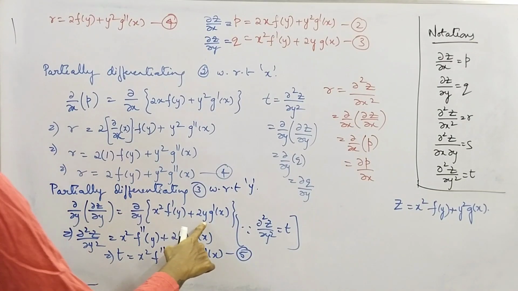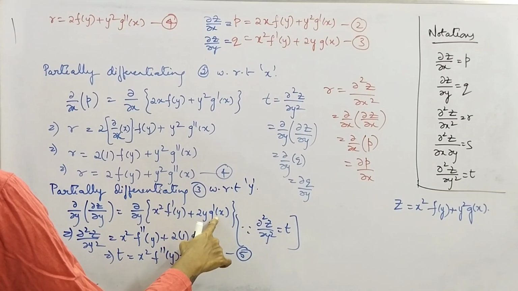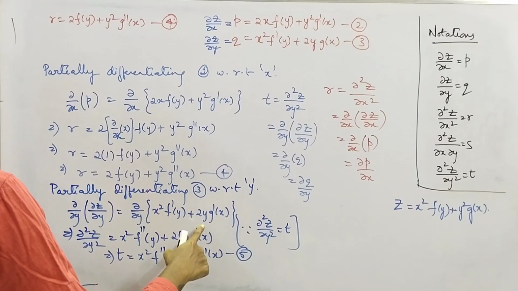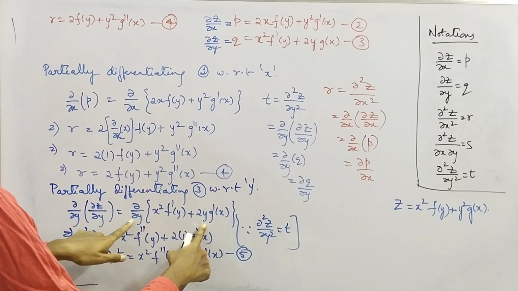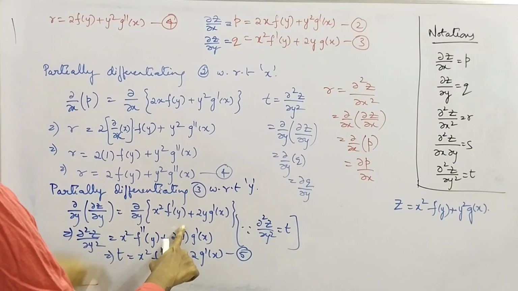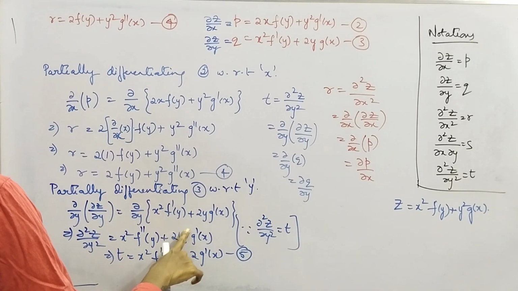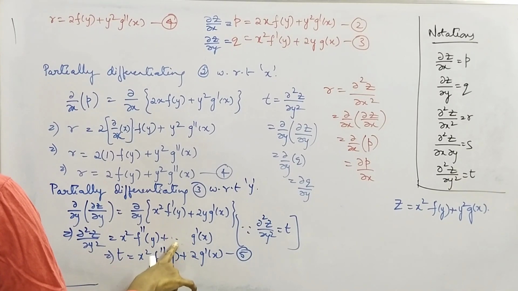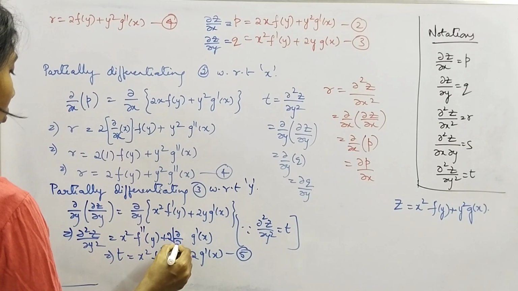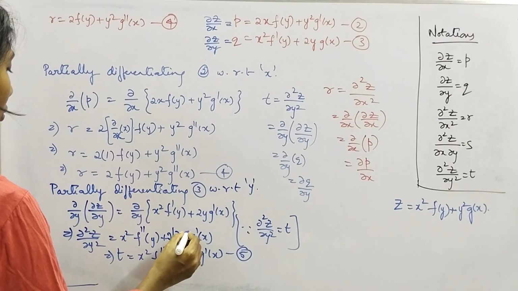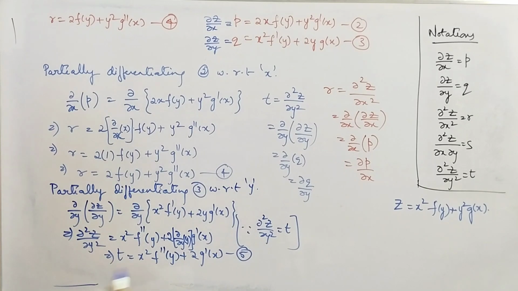Here what we have done is, 2 and g dash of x are constants and we have a variable y. We'll partially differentiate y with respect to y so that you will get 1. Or you can just write this as 2 into dou by dou y of y, simply. The partial derivative of y with respect to y is 1.